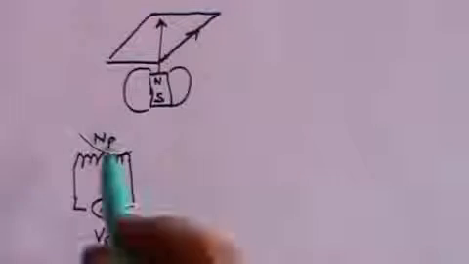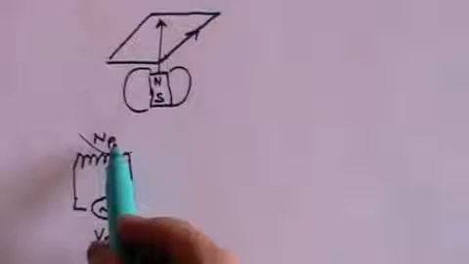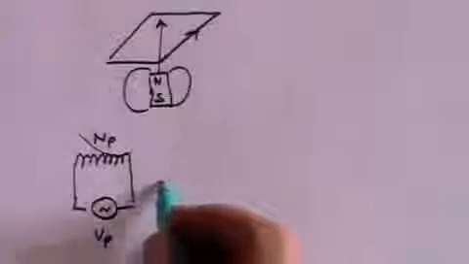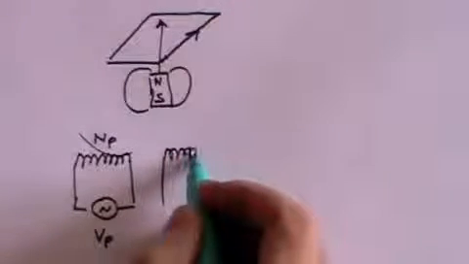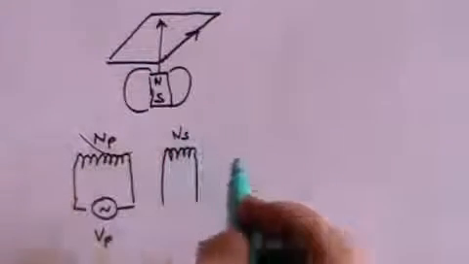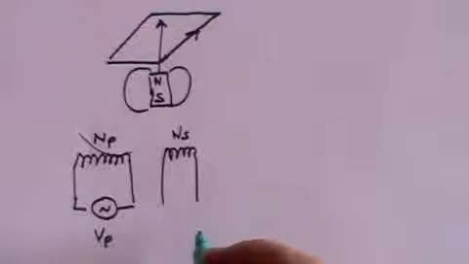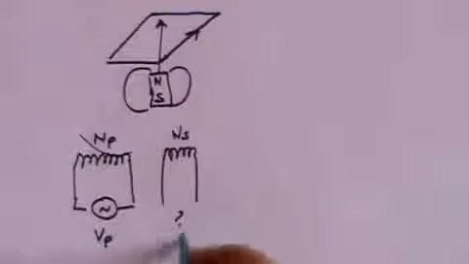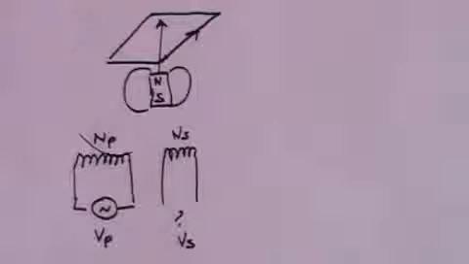So the voltage supply is Vp, and the P stands for primary, and the number of turns is Np in the primary. And you then have another circuit, which is the secondary circuit, with Ns, that's the number in the secondary, and you want to know what will the voltage in the secondary be.